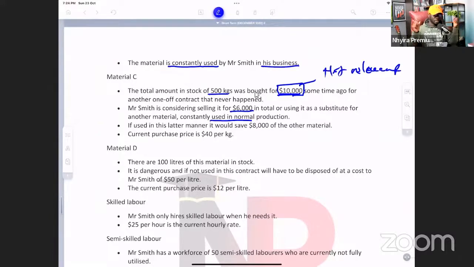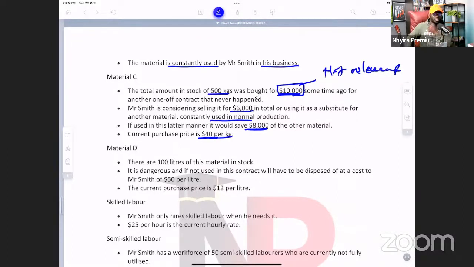So it means the relevant cost now will be between the selling price and the alternative there. Listen carefully. If used in this later manner, that means if it is used as a substitute for another material, which is in constant use in the normal production, it will save $8,000 of the other material. Current purchase price is $40 per kilogram.